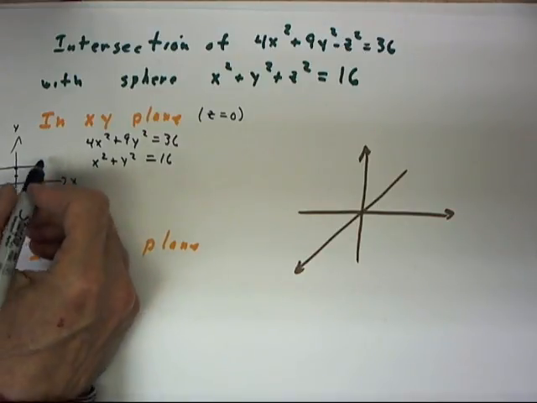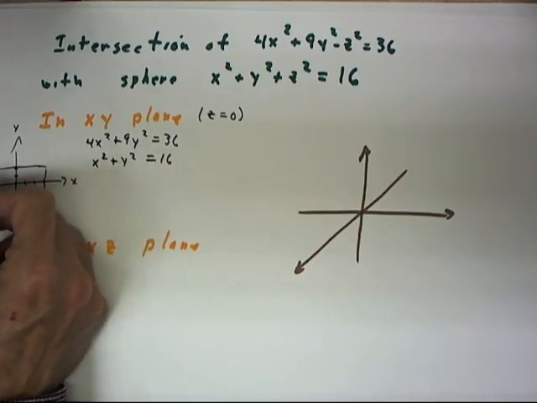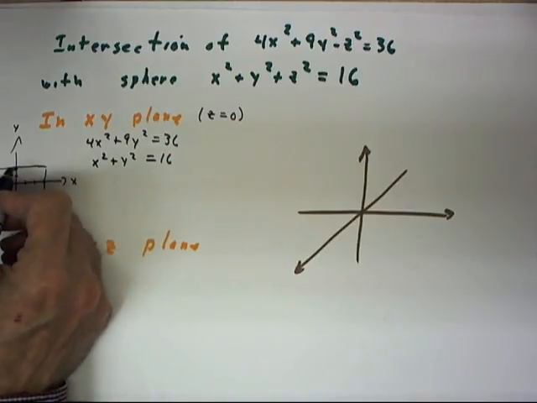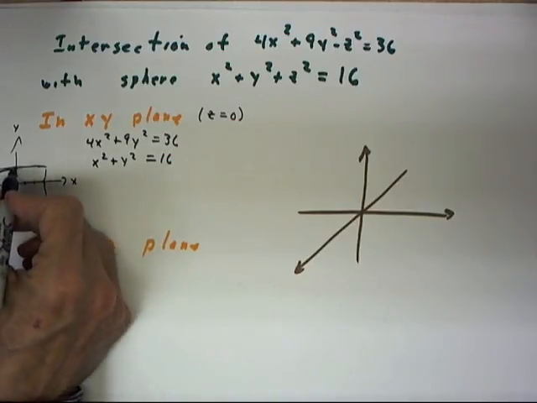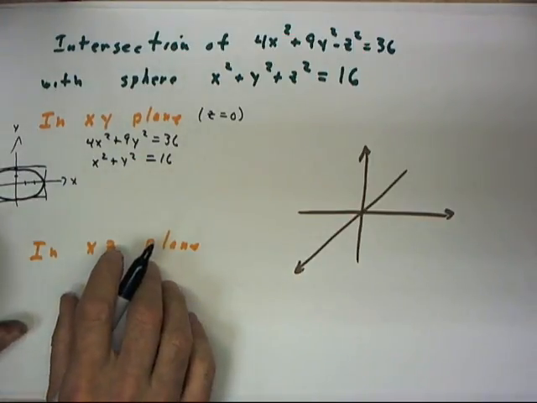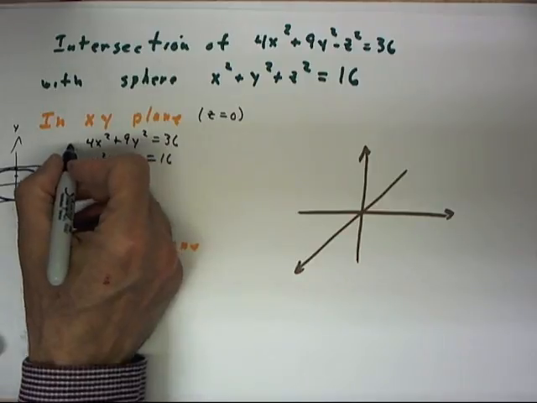We would have a rectangle that looks something like this, and an ellipse inside of that rectangle.